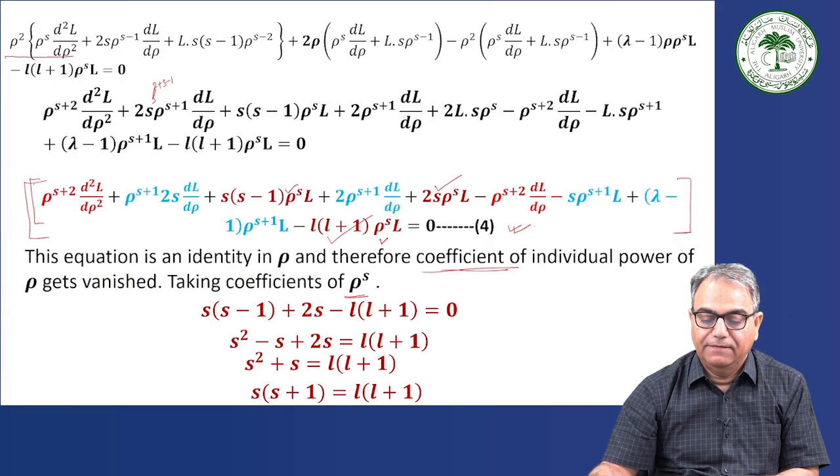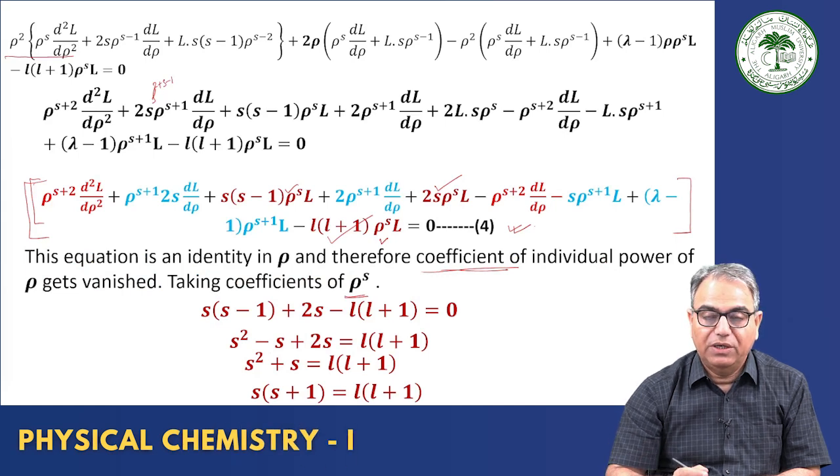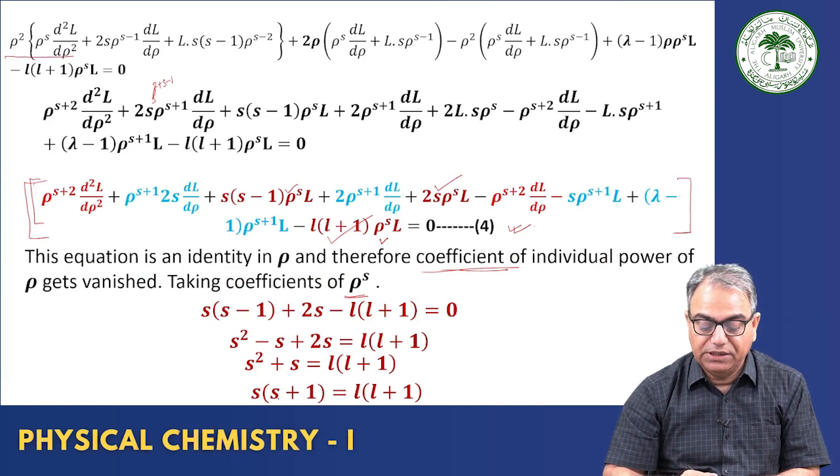You see, L is already known to you. L is the azimuthal quantum number, which you got in the theta equation. Now here we are getting s, with s multiplied by s plus 1 equal to L into L plus 1.